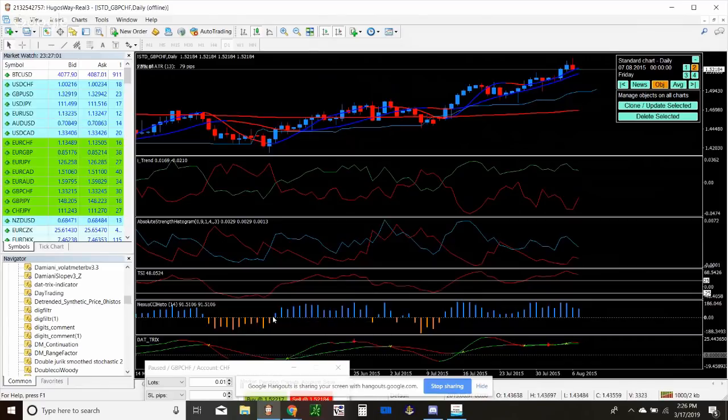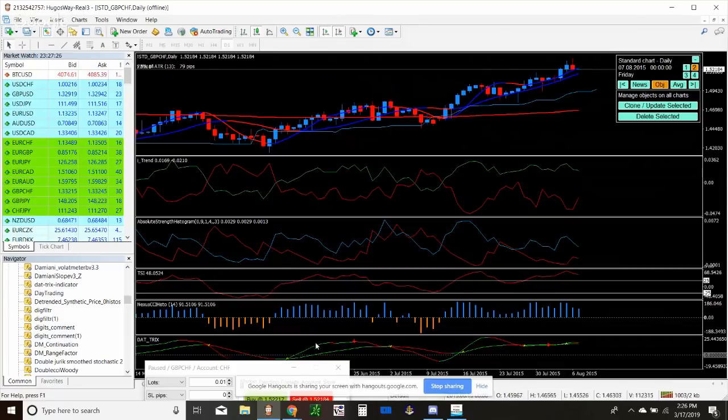Now, the way that the CCI works is it measures the distances between moving averages. So the farther away that the moving average gets from price, it will make the CCI bigger. So at this point here, the moving average is the farthest away.